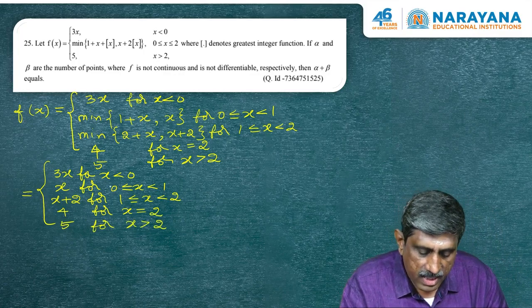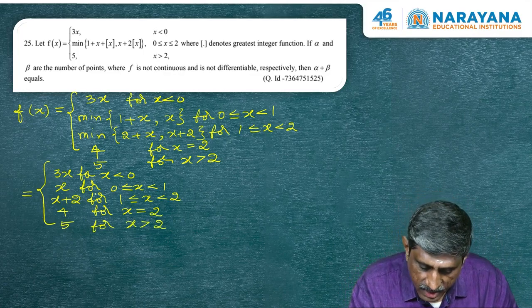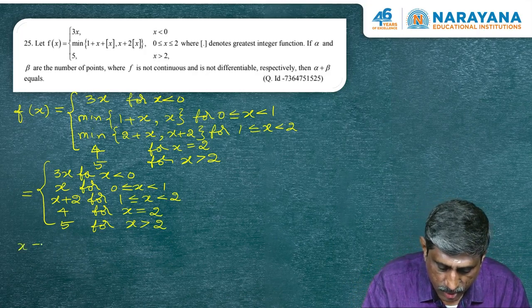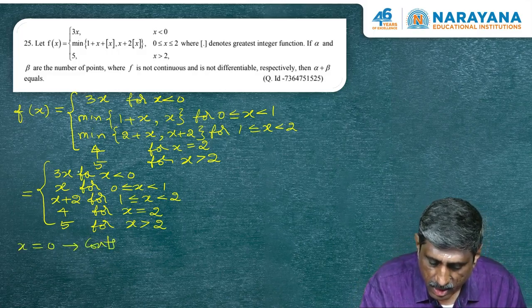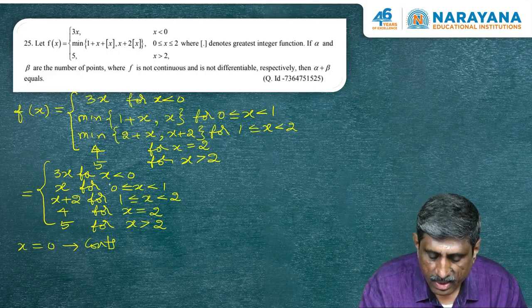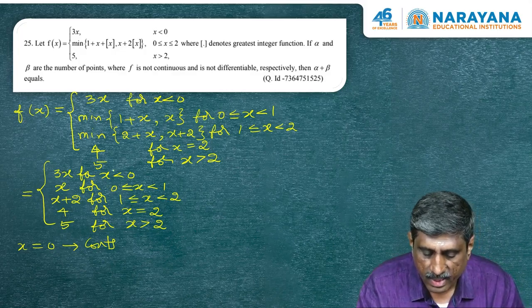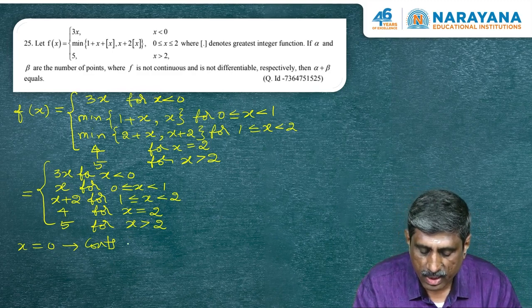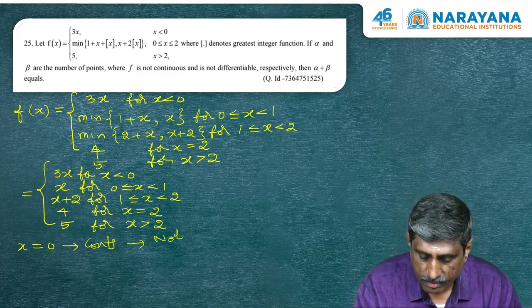Identify that at x is equal to 0, the function is continuous and clearly not differentiable. At x is equal to 0, it is continuous but not differentiable. We can easily identify this, and because it is a continuous function, we can find the derivative by the direct derivative method. It is going to become 3, it is going to become 1. So, not differentiable.